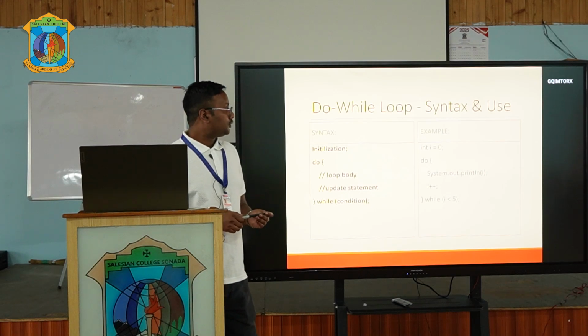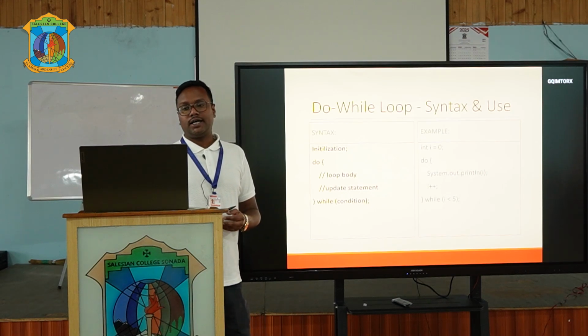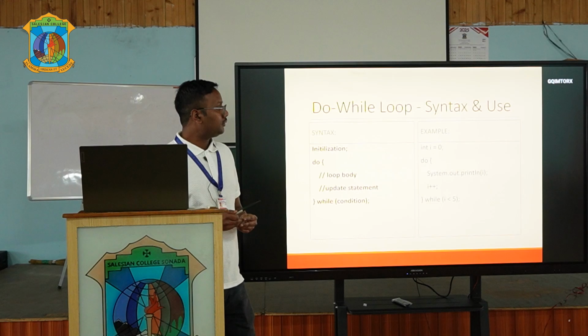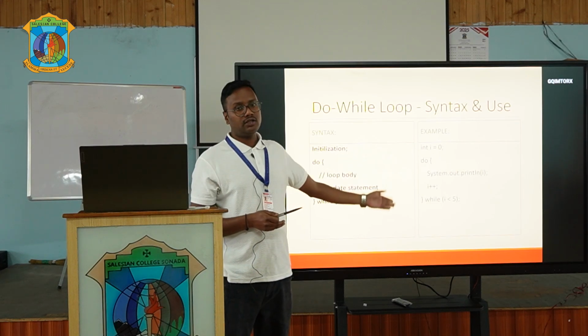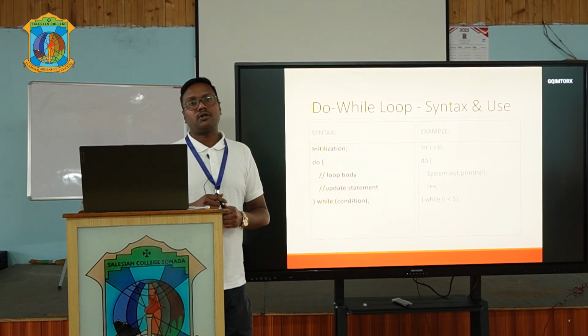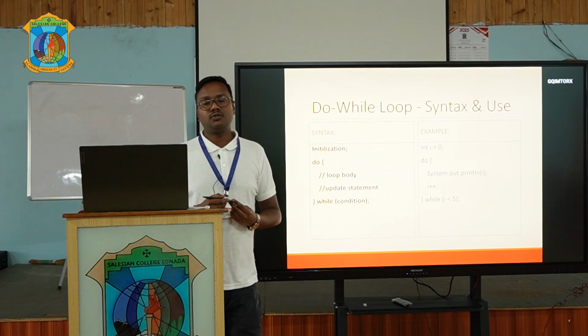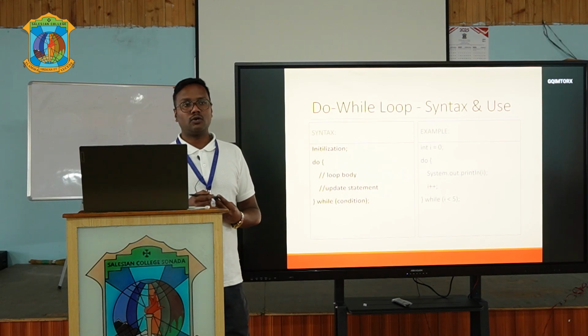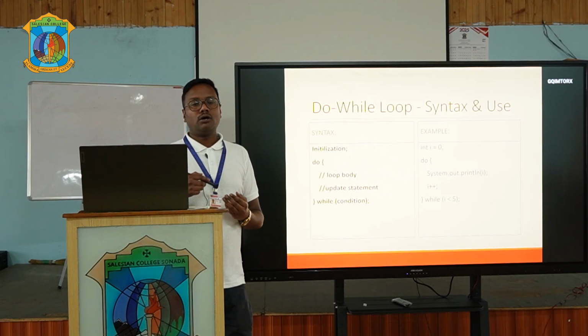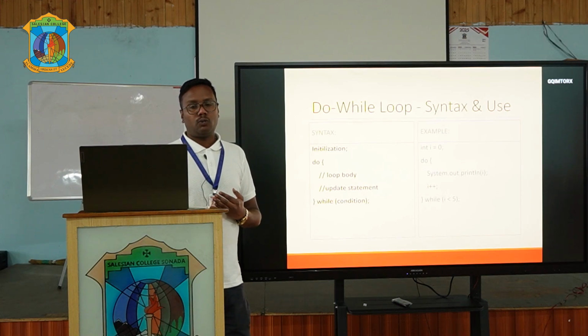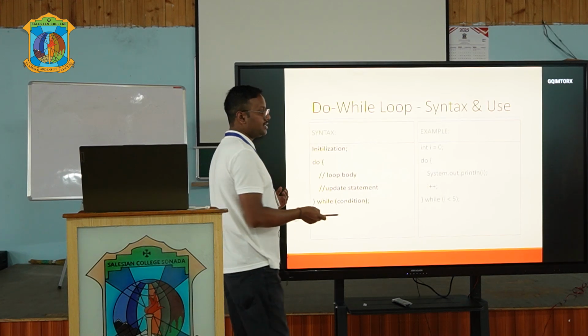Now how to use this do while loop, we will see with an example over here. First we require to initialize the loop, that is the starting condition. We have initialized the loop with 0. Now without checking any condition, the body of the loop will get executed over here.